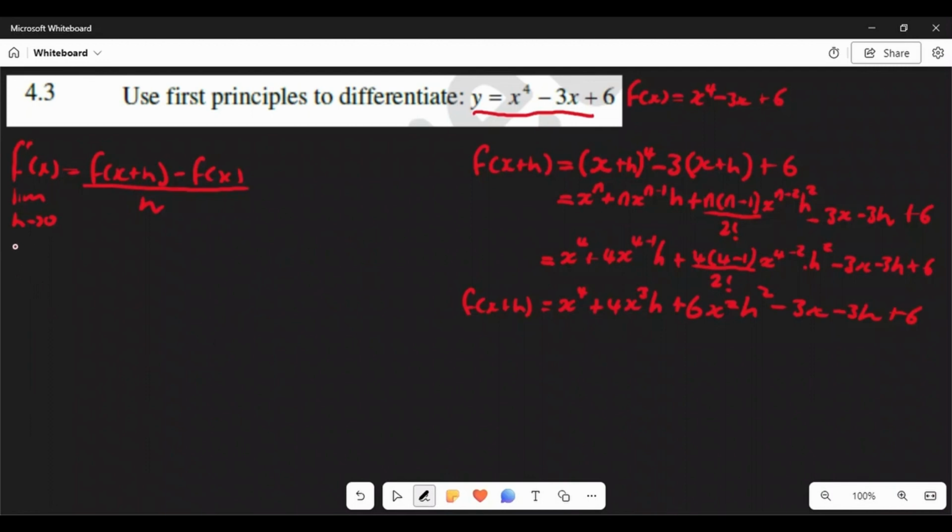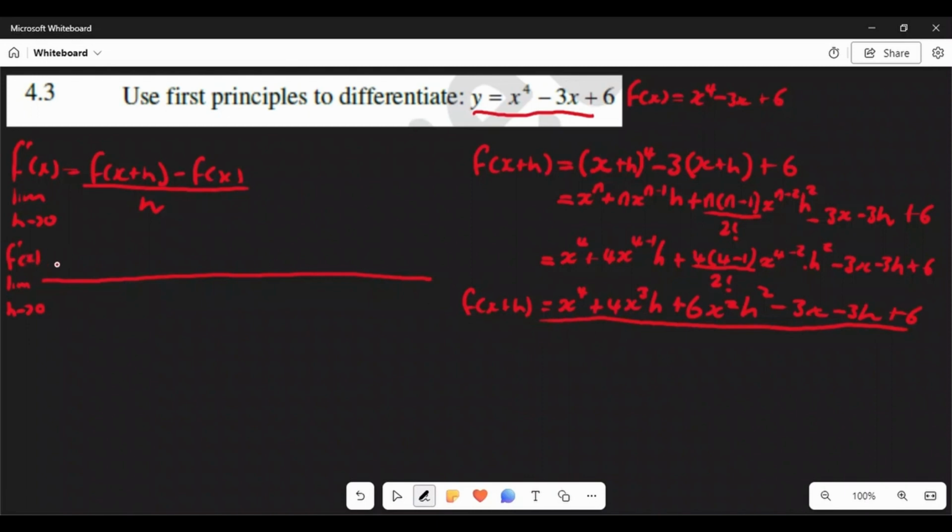So while you're busy substituting, the f prime of x, limit h approaches 0, you need to write this information here, and then from here you put your f of x plus h, which is all this long thing here. Let me just underline it as well. This is f of x plus h, so you put it here.